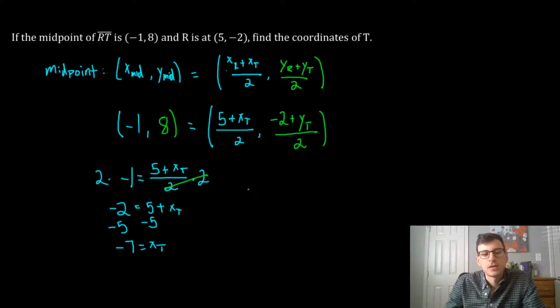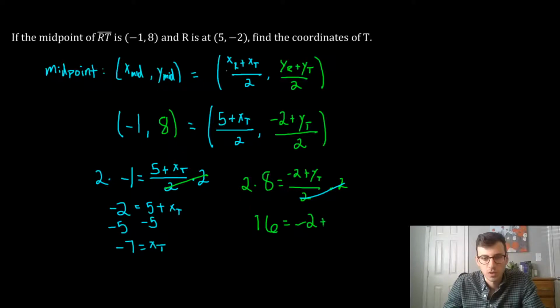And then now we're looking for YT, the Y coordinate of T. 8 equals -2 plus the Y coordinate of T divided by 2. Multiply both sides by 2. We get 16 equals, those cancel out, -2 plus the Y coordinate of T. Add 2 to both sides. And 18 is equal to the Y coordinate of T.